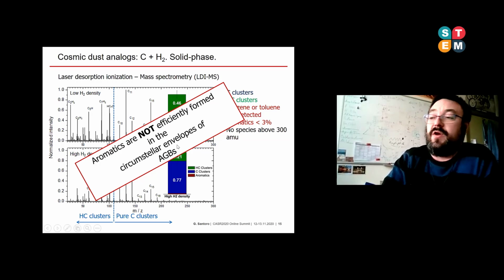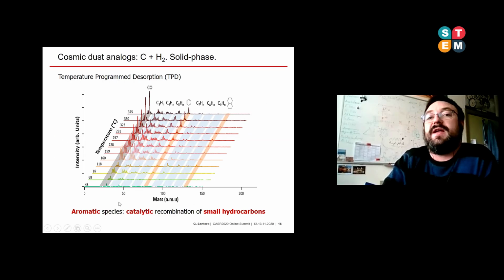But polycyclic aromatic hydrocarbons are widespread around the galaxy. So we propose that a method in which these molecules can be formed is by the catalytic recombination of these small hydrocarbons that are formed in the star on the surface of dust grains.